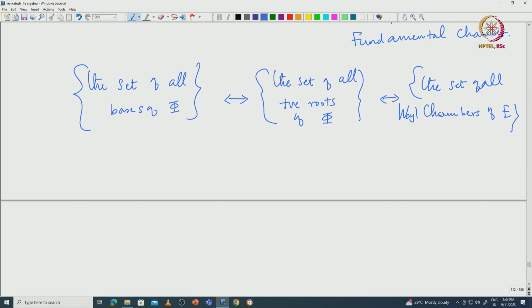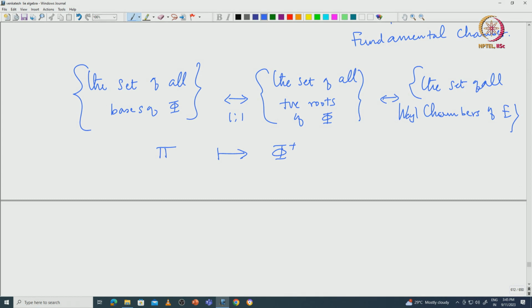So, this correspondence is a one to one correspondence, going from a base to its positive roots. Similarly, going from the positive roots to the chamber is also a one to one correspondence.